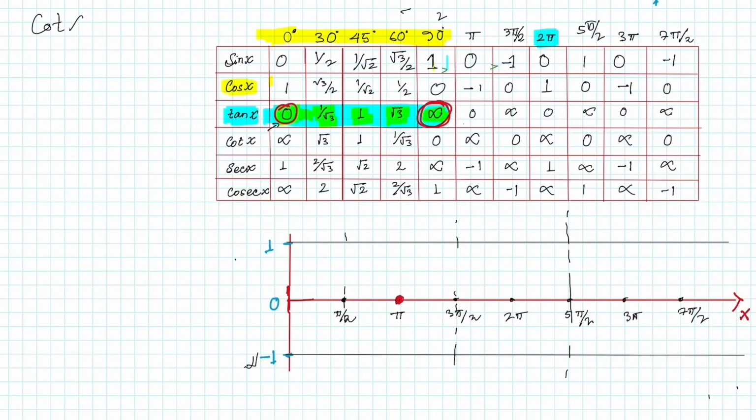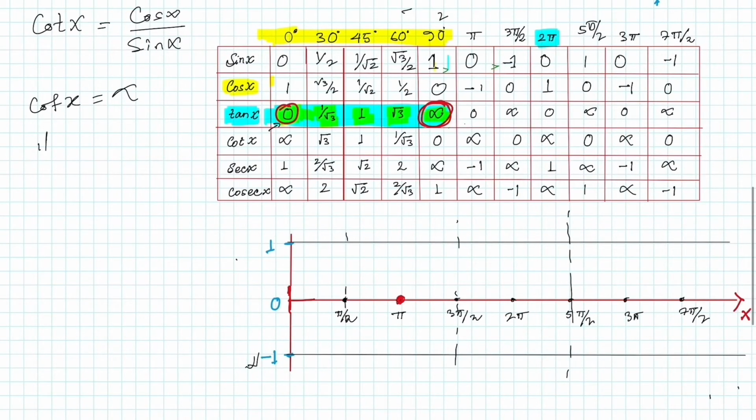So cot x is equal to cos x by sin x. So here cot x will be not defined if sin x is equal to 0.